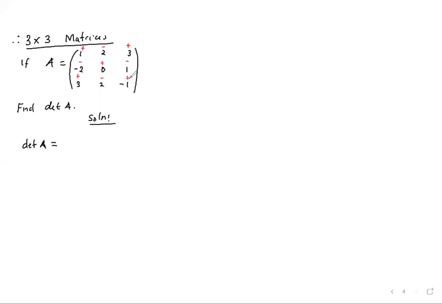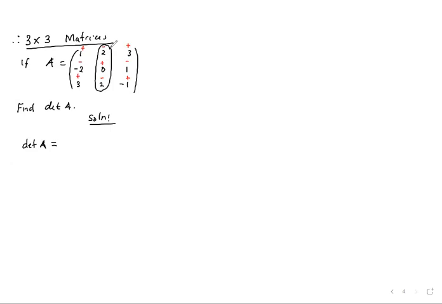Those are invisible signs there. Once you remember that, you can pick any row that you want. Today I'm going to pick the second column.